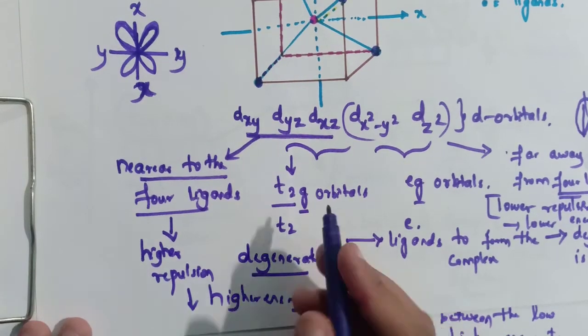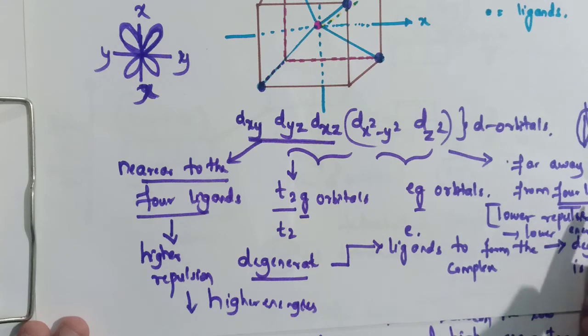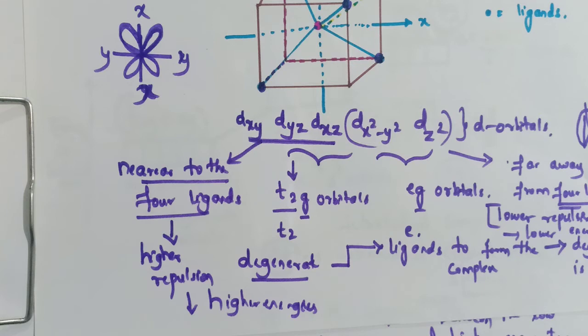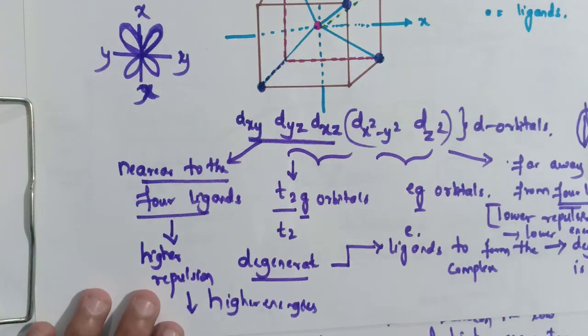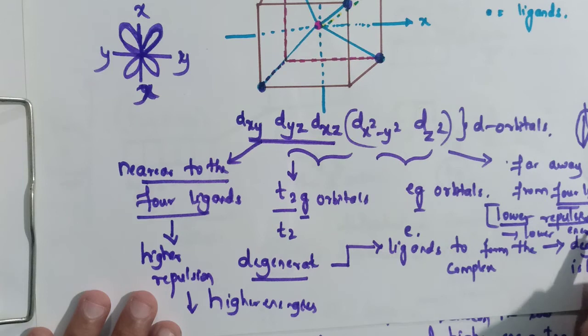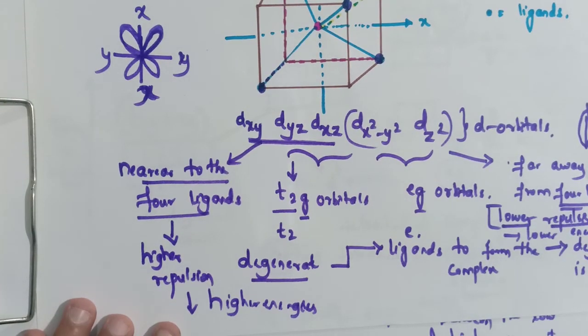Here also these x square minus y square and dz square are far away from the 4 ligands, so these are having lower repulsion. That means they are not interacting very much with the 4 ligands. If the interaction is more, the repulsion will be more. If the interaction is less, the repulsion will be less. So these are having lower repulsion, so they are having lower energy when compared to T2G orbitals.